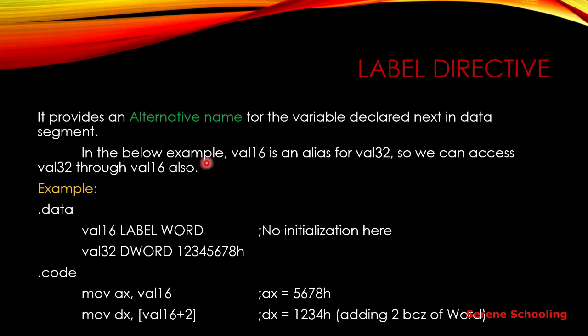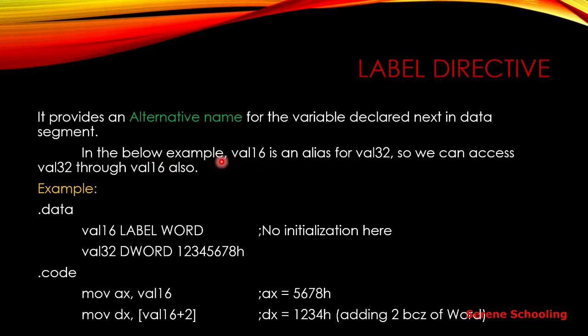Now, alternative name means an alias name or any other name for the same thing. So it provides an alternative name for the very next variable that we will have. So the label will be that alias name for the variable that will be declared next in the data segment. So see the example, you can understand it only from there.